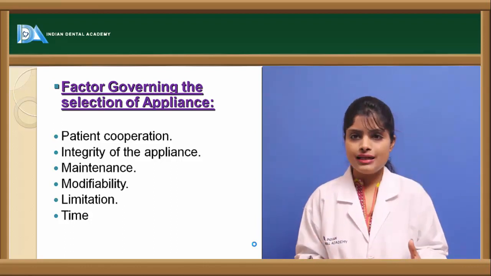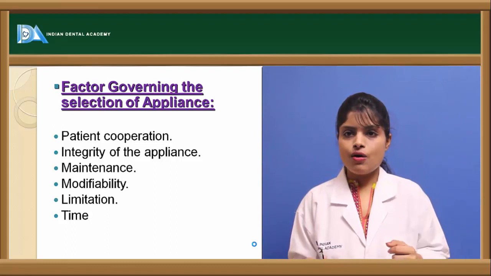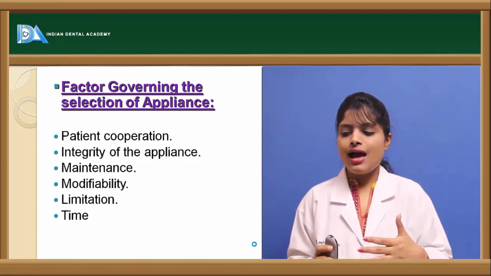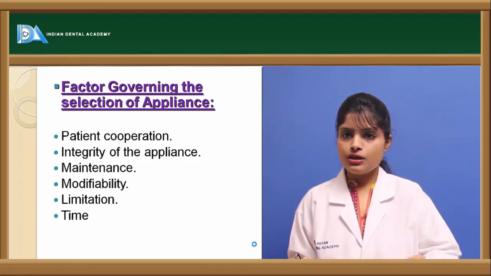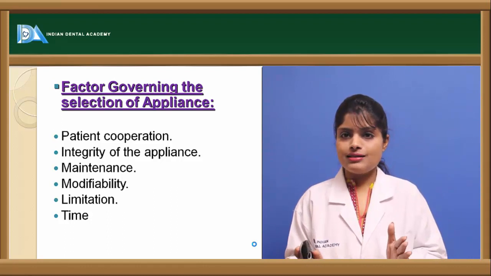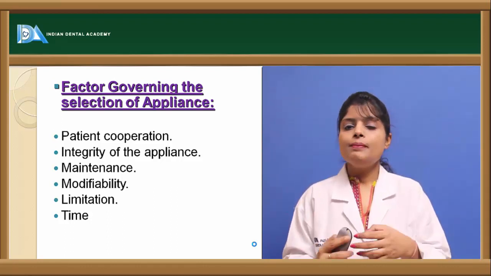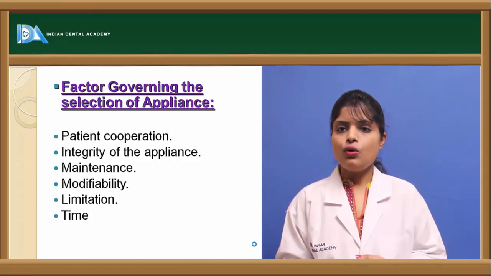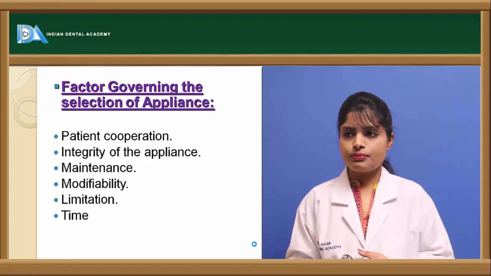There are other miscellaneous factors, for example, proximal space loss, proximal caries, and the wear and tear of teeth. These are the particular factors which should be considered or kept in mind by a dentist before fabrication, selection, and placing of the space maintainer in the oral cavity of a patient with premature exfoliation.